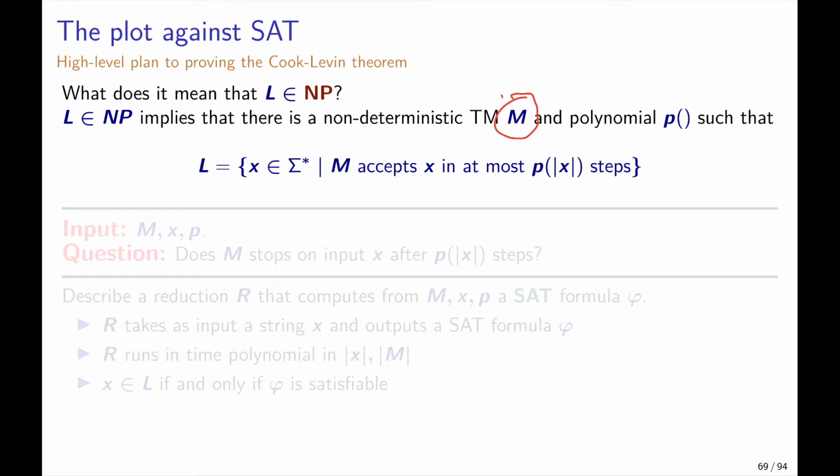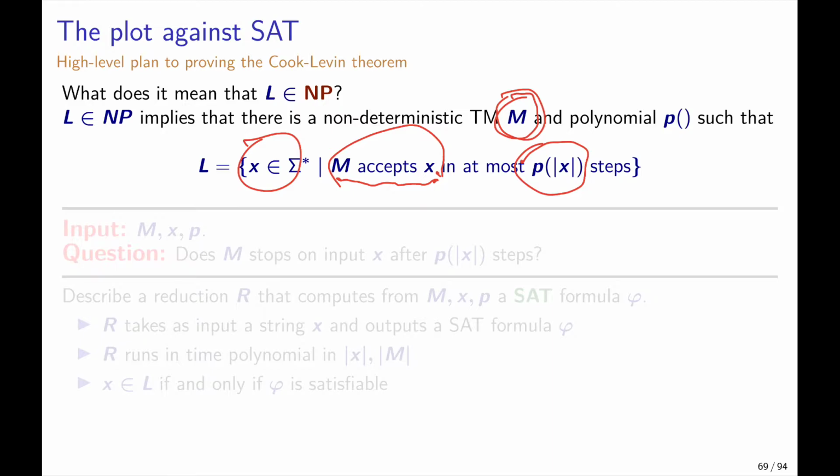And so we have a Turing machine. We have the language associated with this Turing machine, right? So for every input, M accepts this input. And the important thing is that it accepts it in polynomial time, and we are given this polynomial.